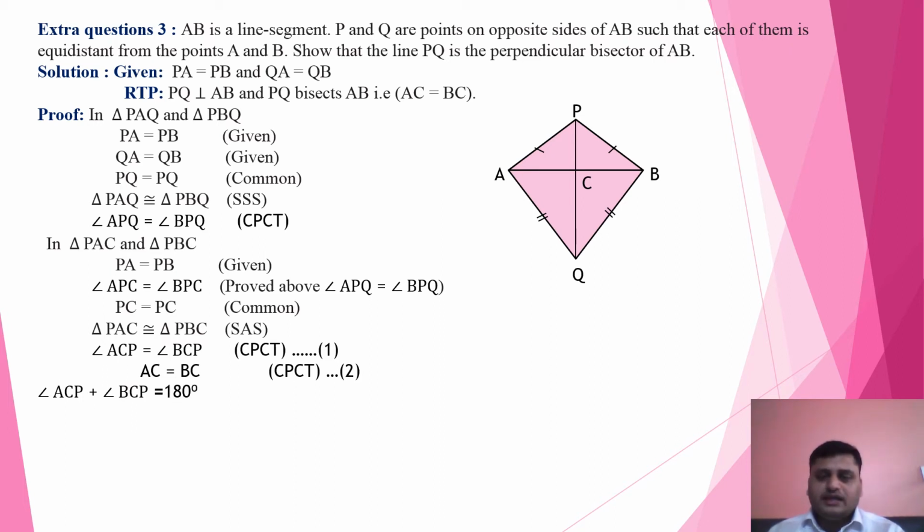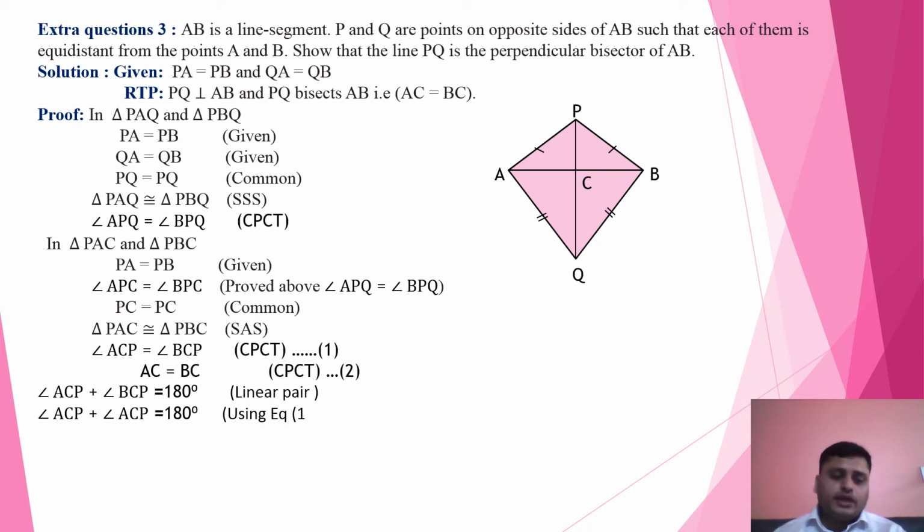Also angle ACP plus angle BCP is equal to 180 degree from the figure, and the reason is linear pair. And we proved right now in equation 1 that these two angles are equal. So what we can say, angle ACP plus angle ACP is equal to 180 degree using equation 1.